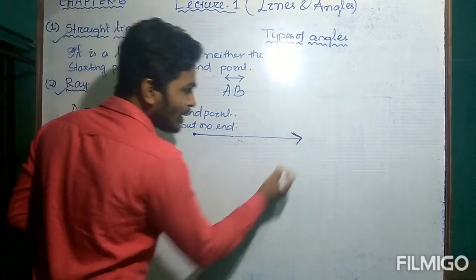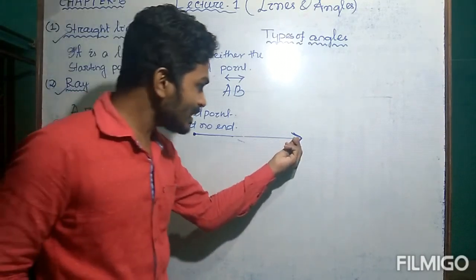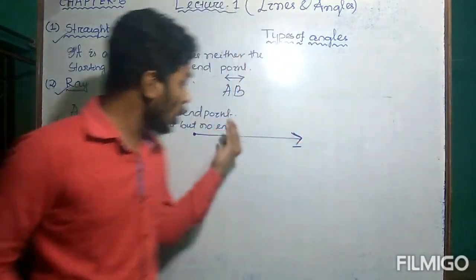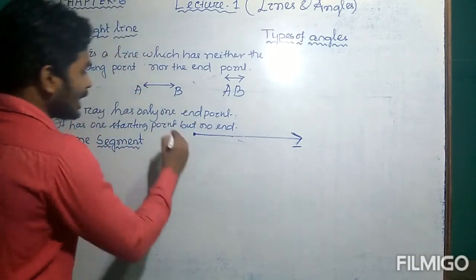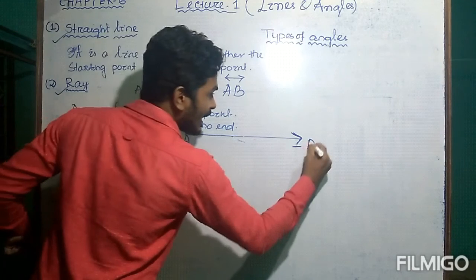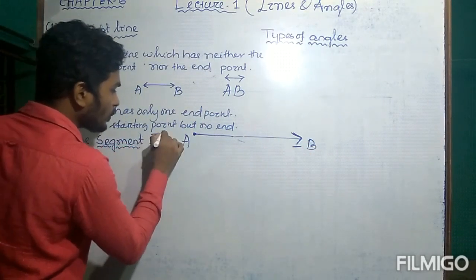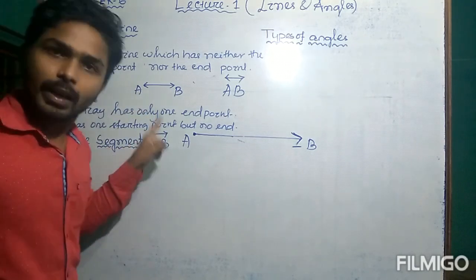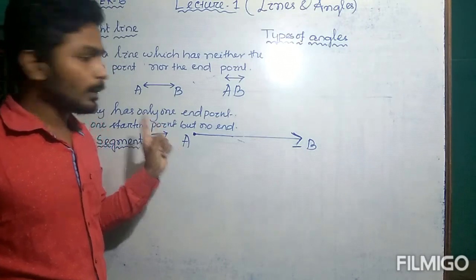Okay, but it has no end point, that is why it is denoted by an arrow mark. It means you can extend this line only in this direction but not in this direction. Understood? Now if you want, then you can represent a ray AB like this, AB, over which you have to draw the symbol of an arrow. Okay, this is the symbol of a ray.